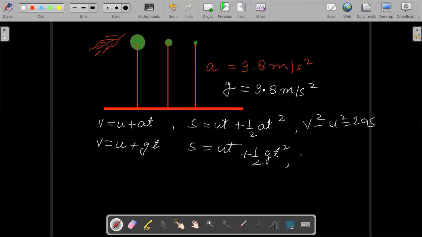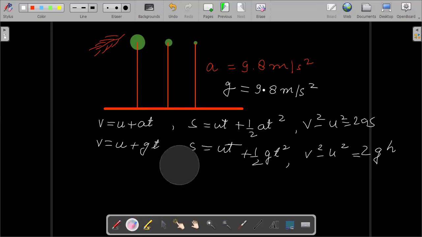Then the third one can be written as V squared minus U squared equals 2GH. Here the displacement is the height. The ball or the thing has been raised to a height, hence we replace it with H. Got it? So the first equation has become V equals U plus GT.